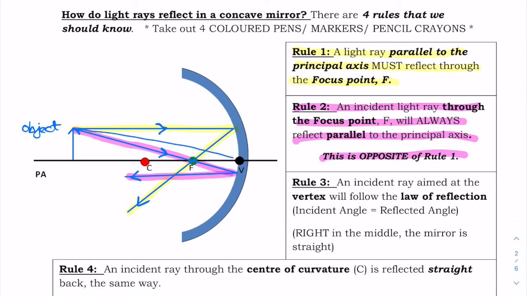It hits the vertex, and it comes out at the exact same angle that it came in at. Okay, so to help you with this, I'll continue color coding.